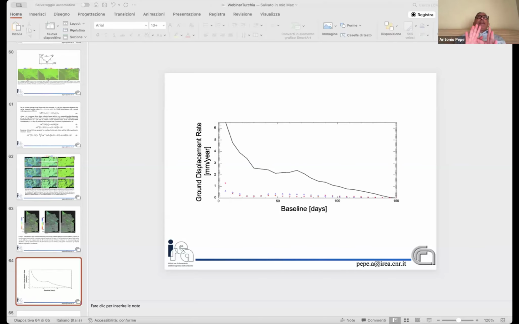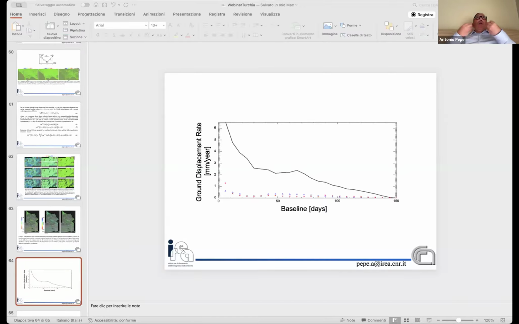Other methods are based on constraining the solution to be with the minimum norm. Other solutions, for instance, MSBAS, developed by other scholars, are based on constraining the solution to respect a model. So anyone can introduce a model to try to constrain the solution, because generally we have more unknowns than equations, and so we need to introduce additional information.